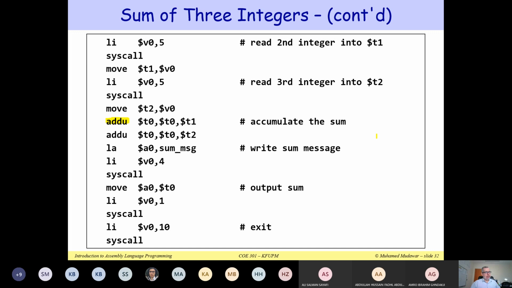So the question is, do we care about overflow or should we ignore overflow? The add instruction is going to generate an exception if there is overflow, whereas ADDU is going to ignore overflow. This is why we have these two instructions. Okay, thank you.